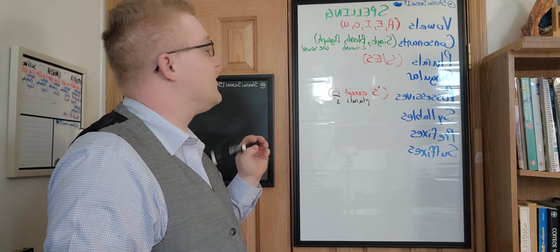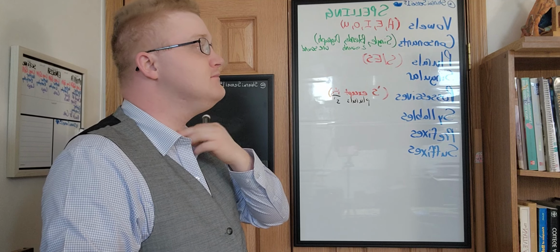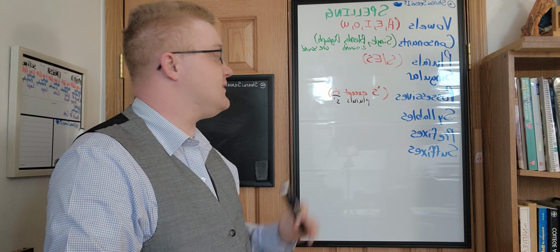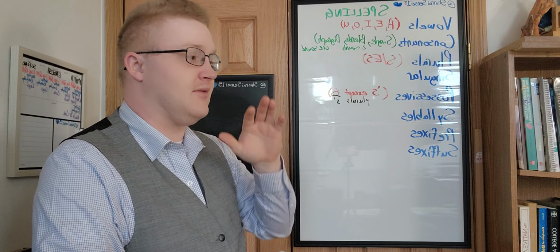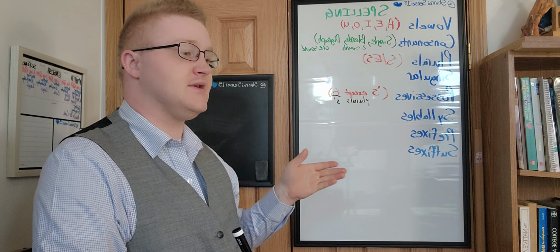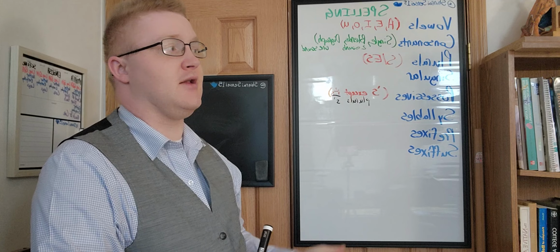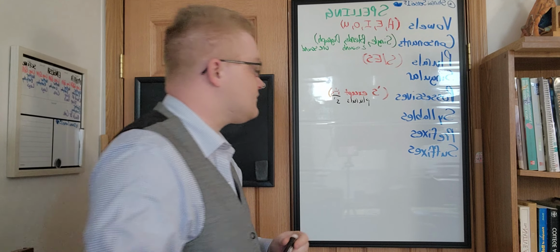So possessives are pretty simple, right? Now we get into the more tricky business of syllables. Now, syllables are easy, but syllables are meant to break words up into parts that you can then spell by sounding them out, right?